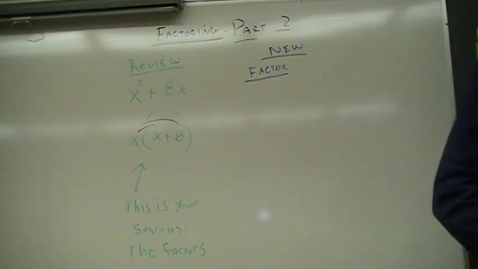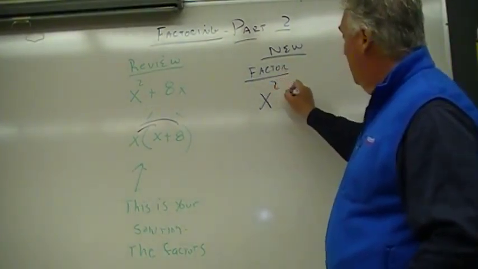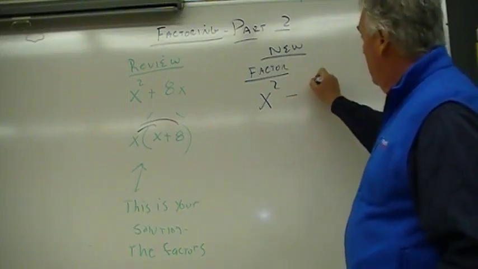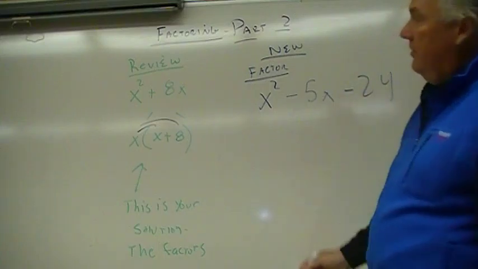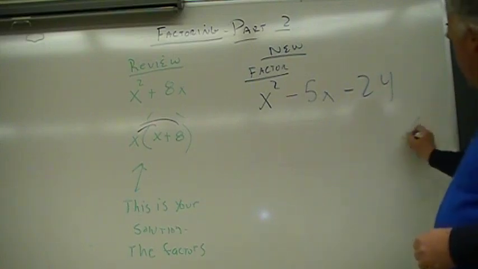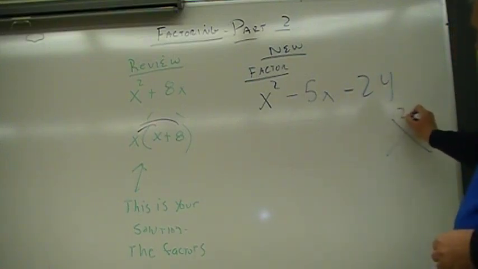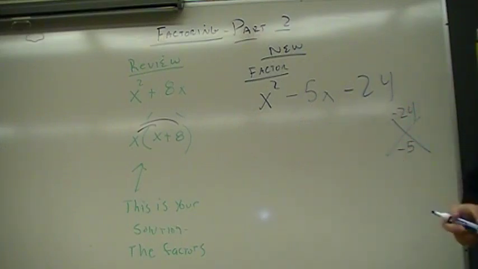Let's do another one. X squared minus 5x minus 24. This is your second teaching example. And so with the x strategy, negative 24, negative 5.